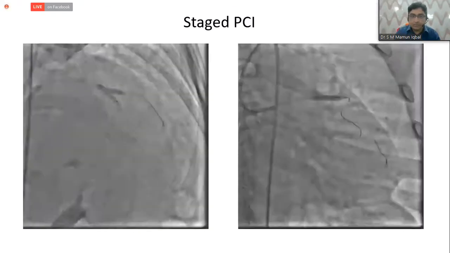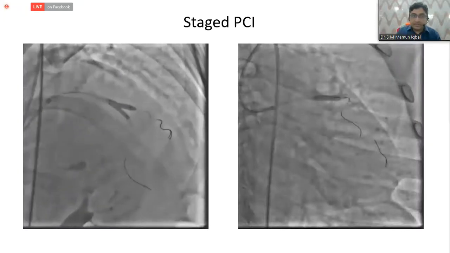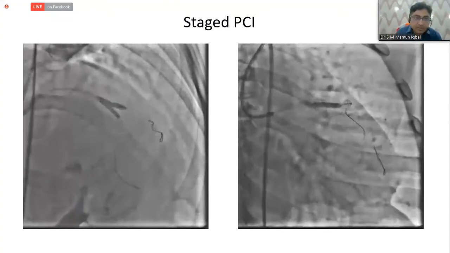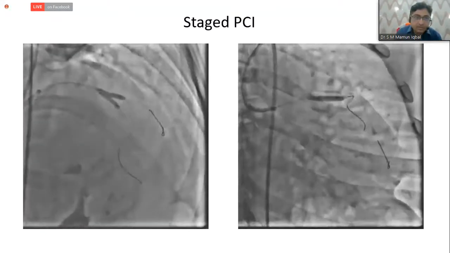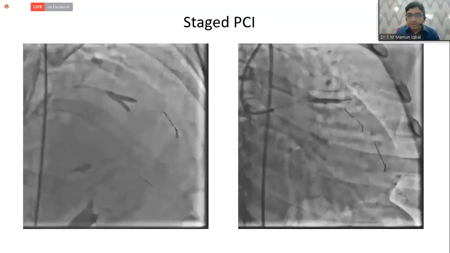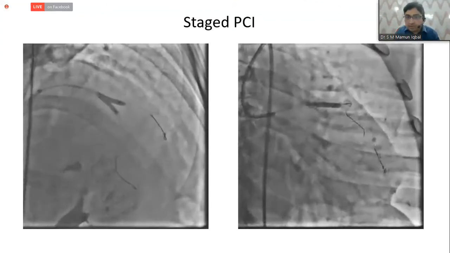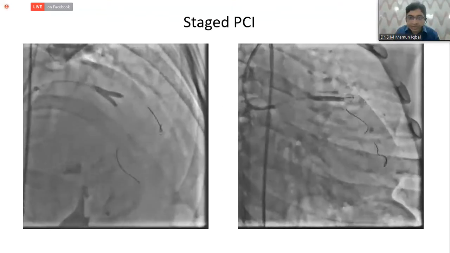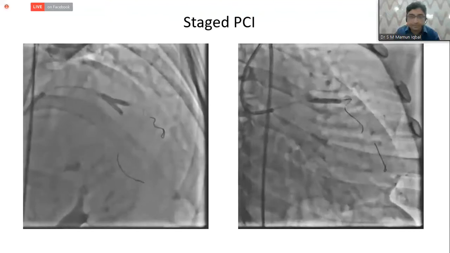We did the second kiss with a 3 into 15 millimeter balloon in the diagonal and a 3 into 15 millimeter balloon in the LAD. Both were NC balloons, inflated at 12 atmosphere. Now we did the final POT with a 3.5 into 15 millimeter balloon inflated at 16 atmosphere.